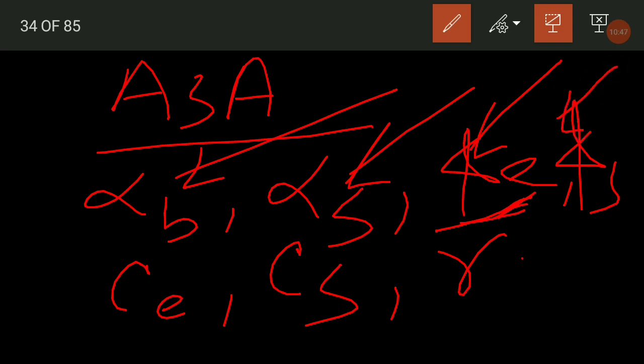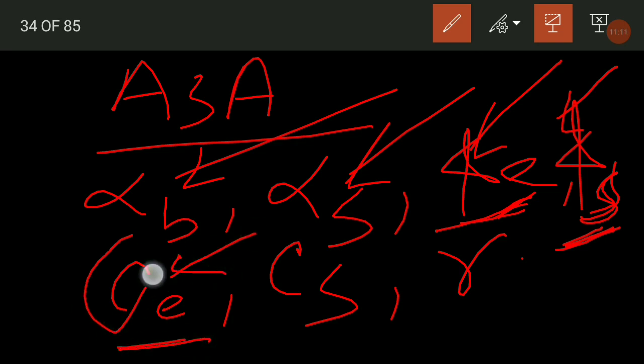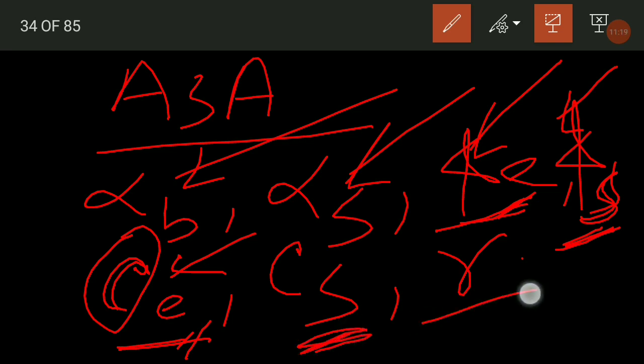Similarly, phi S you can call relief or clearance, and when it has S as subscript, you can say this as side relief or side clearance angle as well. Now coming to CE. C denotes cutting, so CE denotes end cutting edge angle and CS denotes side cutting edge angle.